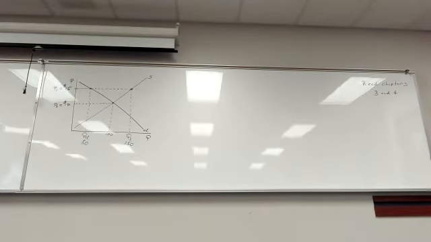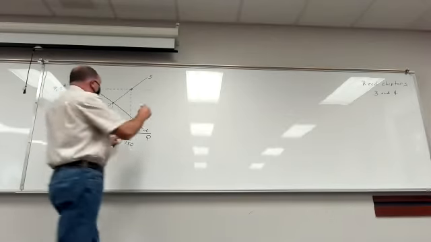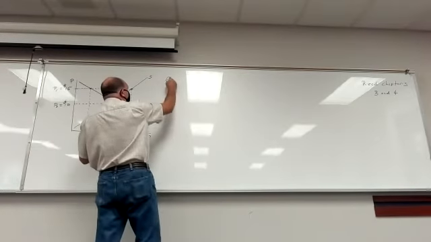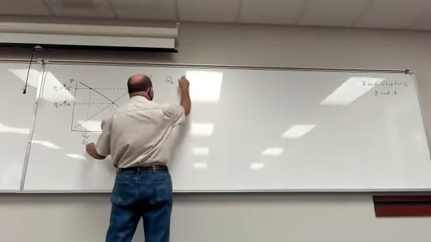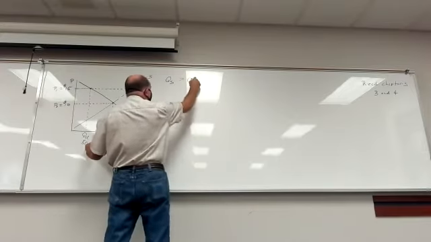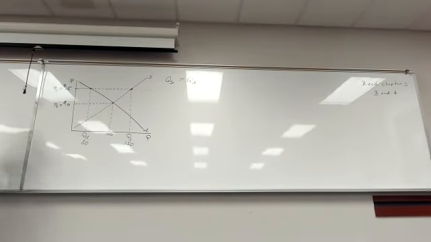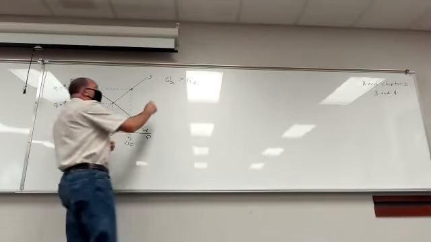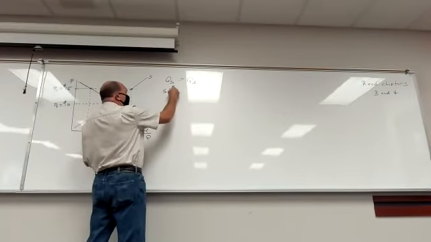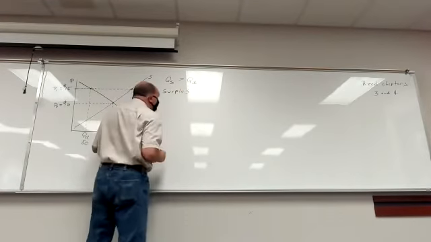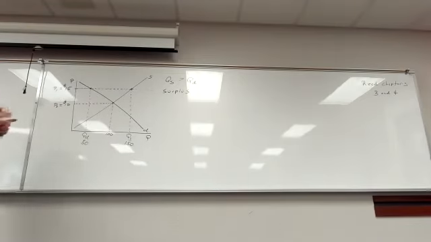Nonetheless, what you notice is that the quantity supplied is greater than the quantity demanded. This is what we call a market surplus. Sellers are willing and able to sell more than buyers are willing and able to buy.